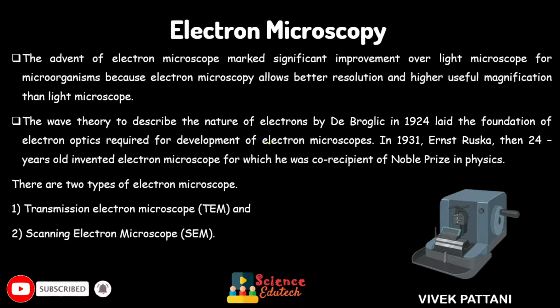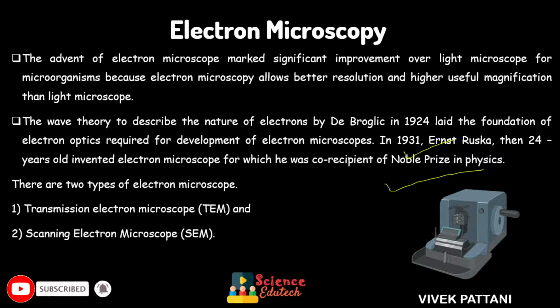In 1931, the scientist Ernest Ruska, then 24 years old, invented the electron microscope, for which he was co-recipient of the Nobel Prize in Physics. And there are basically two types of electron microscopes: the transmission electron microscope and the scanning electron microscope.